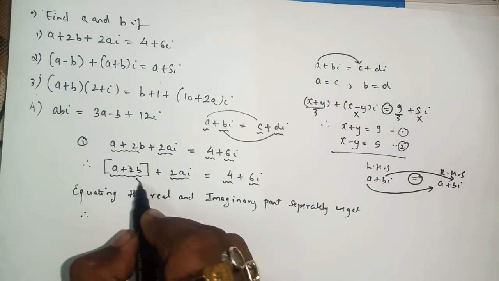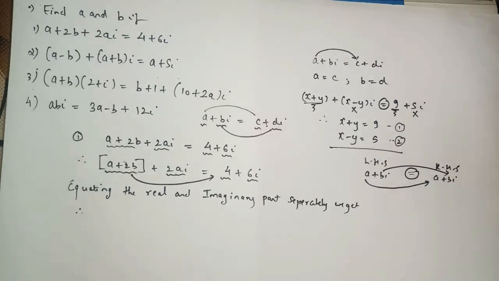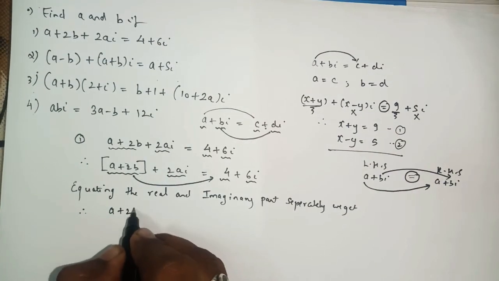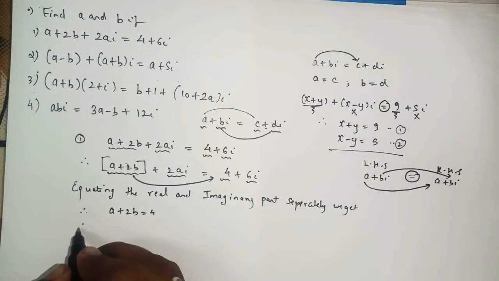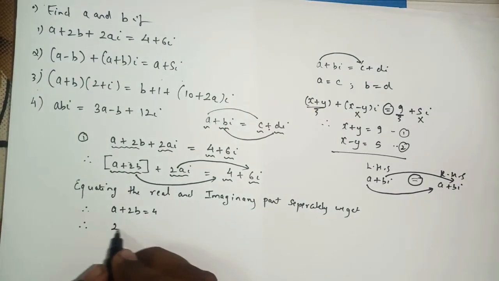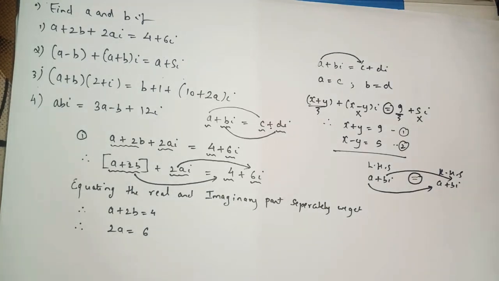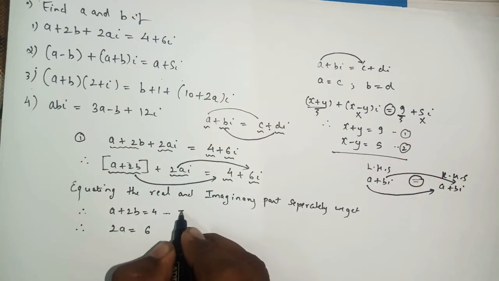So what is there in place of a plus 2b, as they are the real part? So we can say a plus 2b is equal to 4, and in place of 2ai is what? 6, that is the imaginary part. So we'll give this as equation number 1.